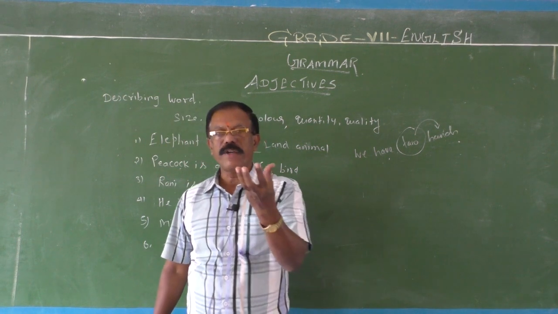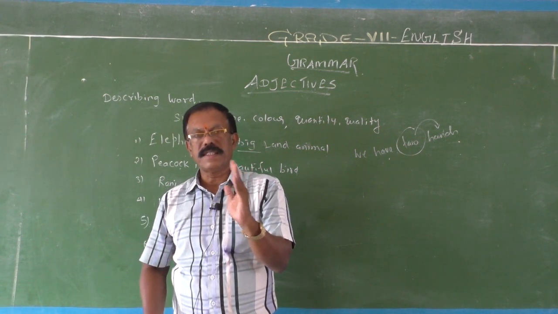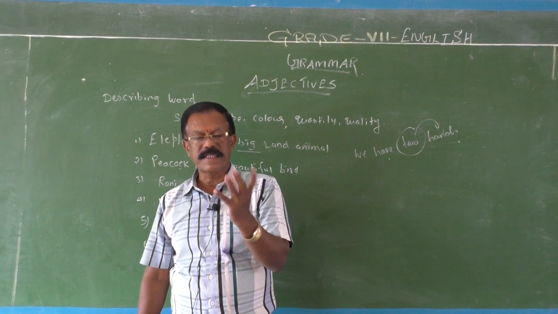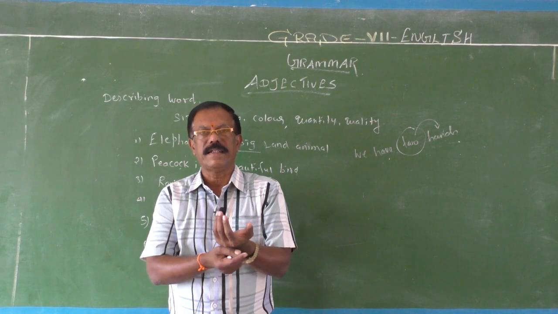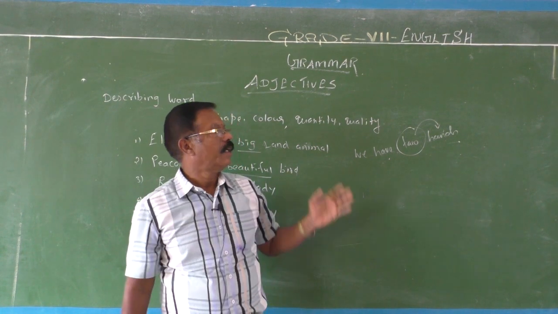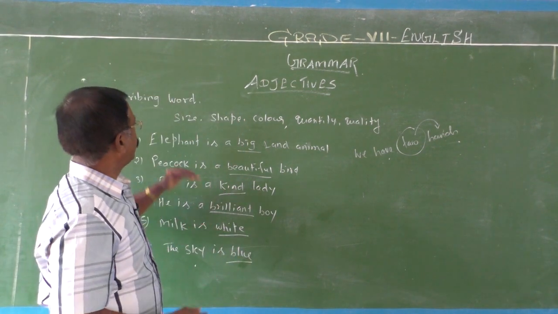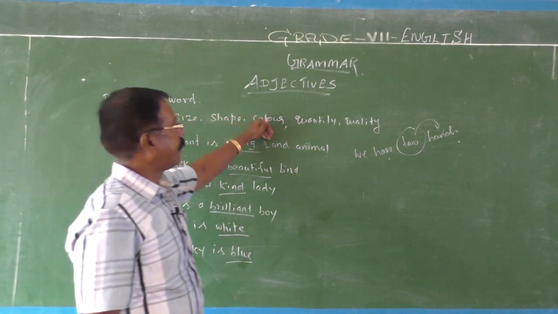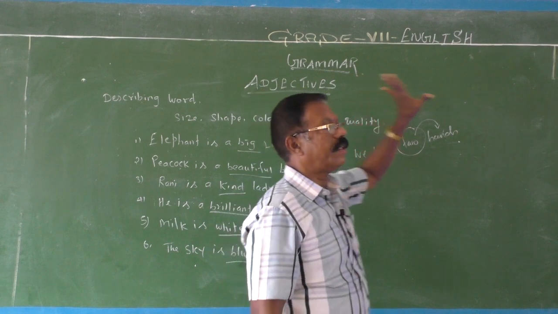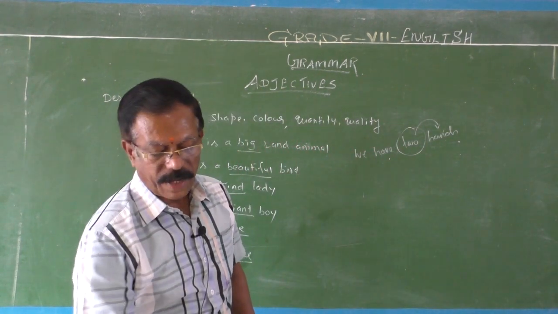The 5 is a describing word. It describes the fingers. How many fingers? So, adjectives are describing words. They describe the size, shape, color, quantity and quality of nouns. Next, where we can use them.